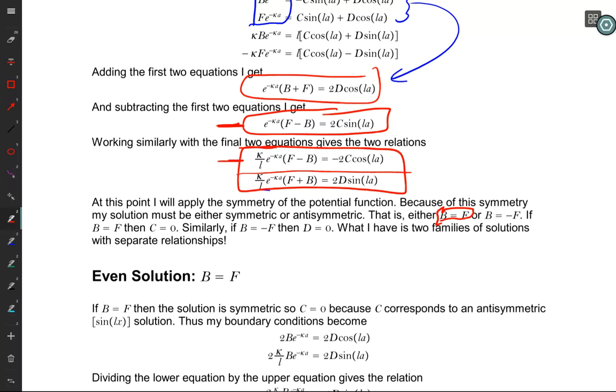And in fact, if B is equal to F, then this equation is 0 is equal to 2C sine LA, which is true only if C is 0 or LA is an integer multiple of pi.